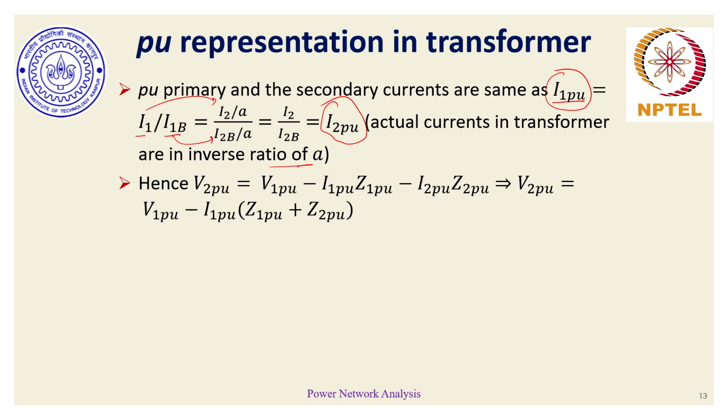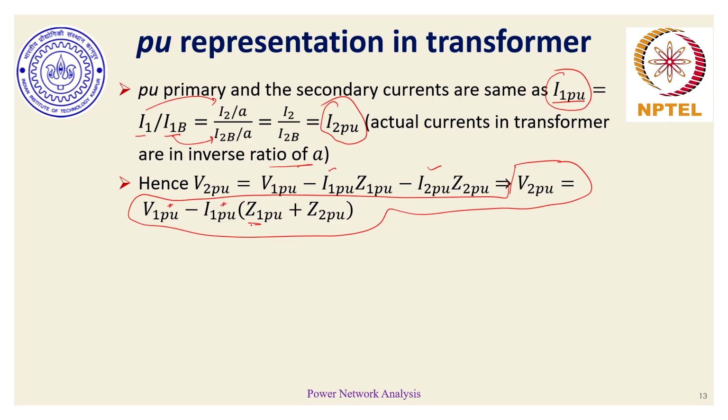Similarly, I1 pu is same as I2 pu, so we have this one single equation wherein it appears that earlier there were two series currents, I1 pu, I2 pu, coincidentally they are same. So now I have a single element or a single circuit where the input voltage is V1 pu, common current is I1 pu, which is creating voltage drop across primary impedance per unit and secondary impedance per unit, and eventually I am getting an output of V2 pu.